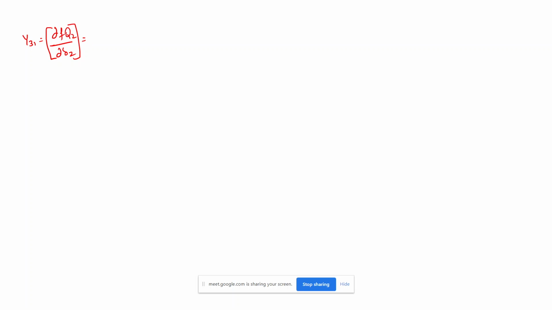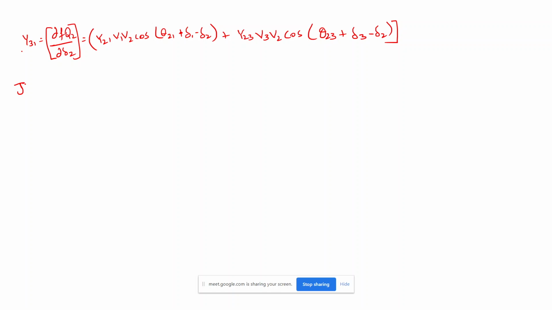If you derive it, the final value will be y21 v1 v2 cos of theta 21 plus del 1 minus del 2, plus y23 v3 v2 cos of theta 23 plus del 3 minus del 2. This is the value we get. Sorry, this is J, it's not y.